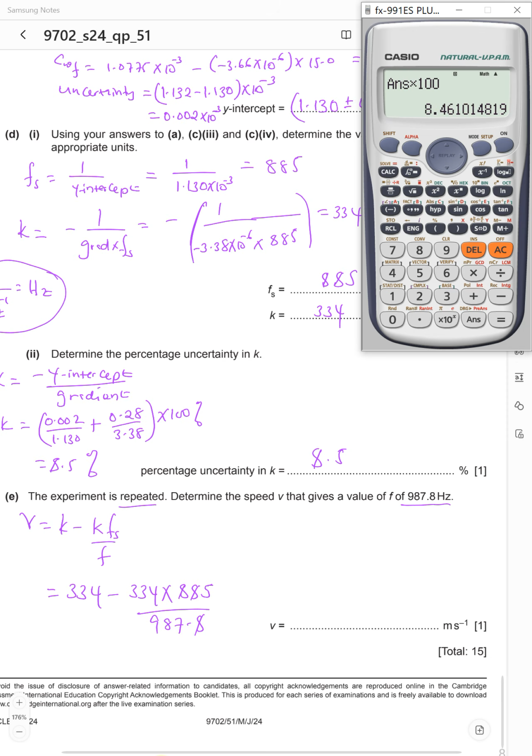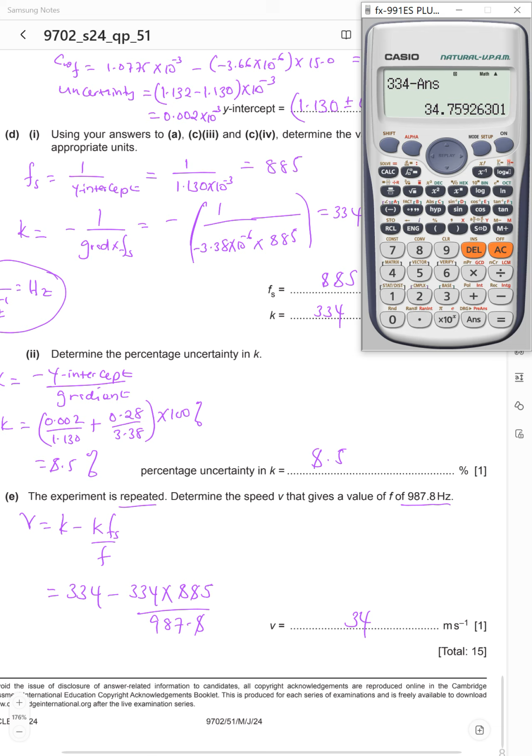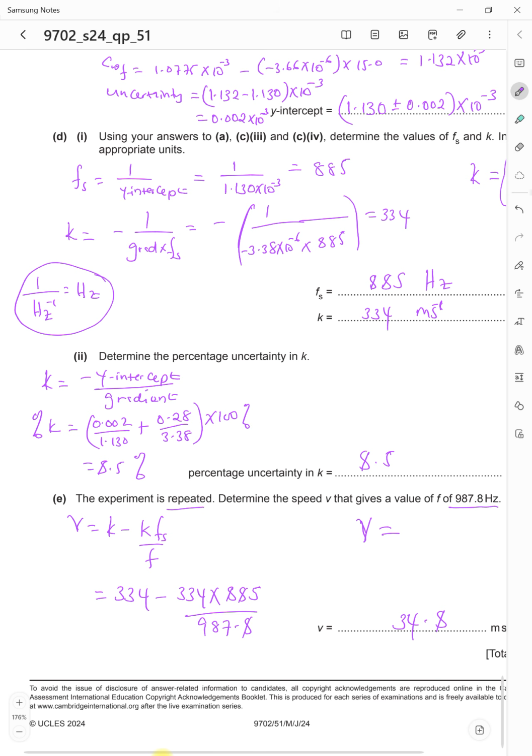Okay, so I have 334 times 885 divided by 987.8. Then I'll say 334 minus the answer. So v is going to be 34.8 meters per second.